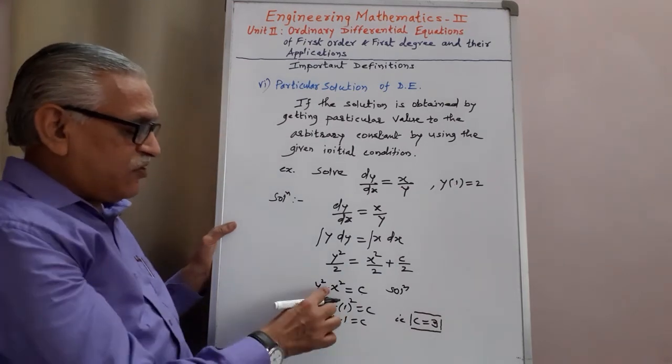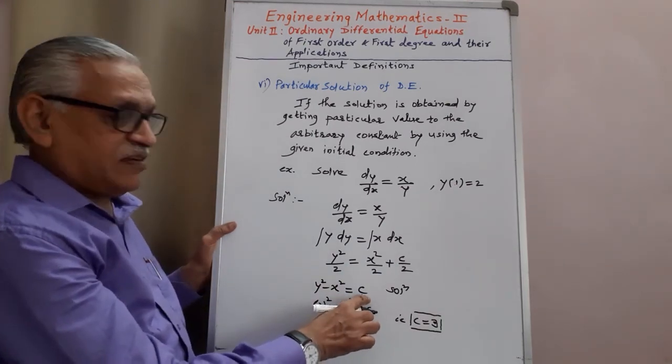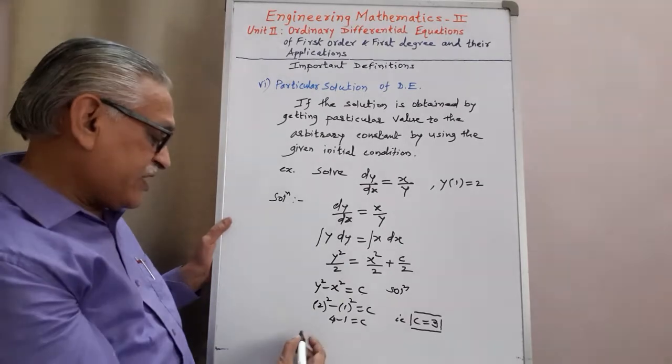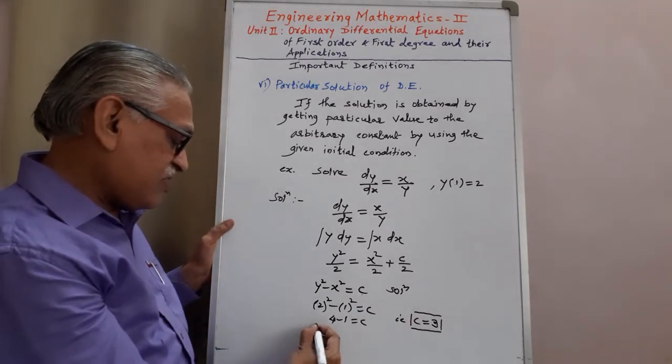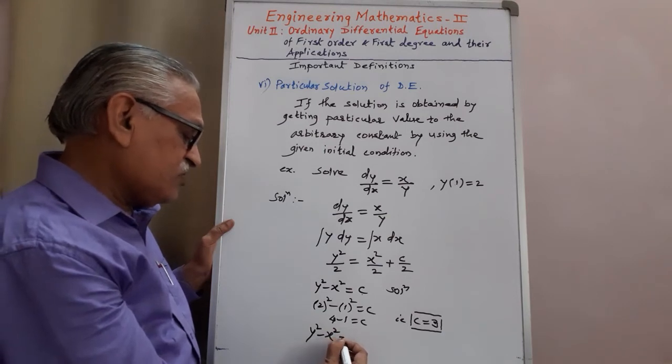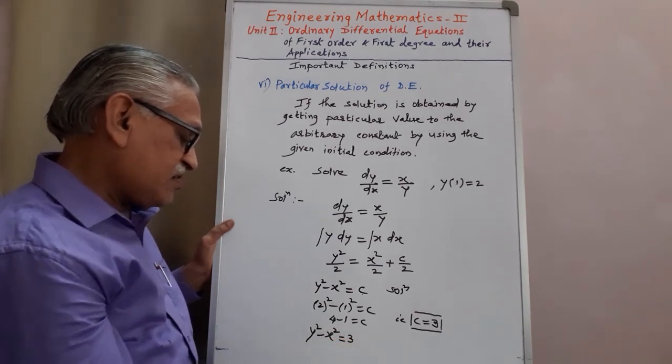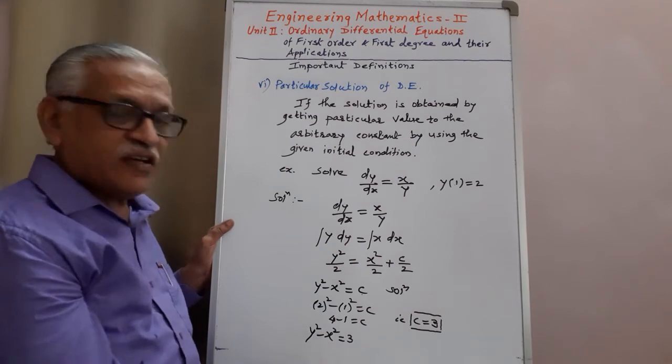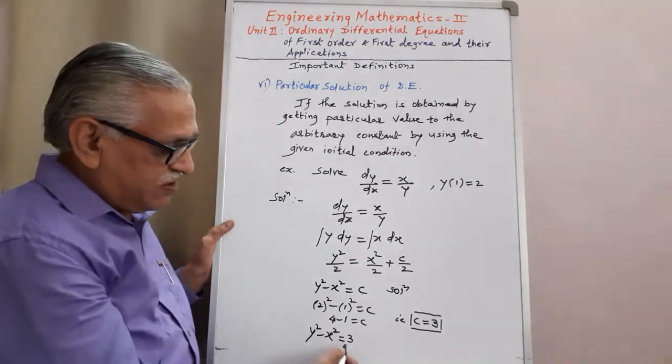And if we put that value of c in the obtained solution, we get the solution as y square minus x square is equal to 3, and this solution is called a particular solution. Why?